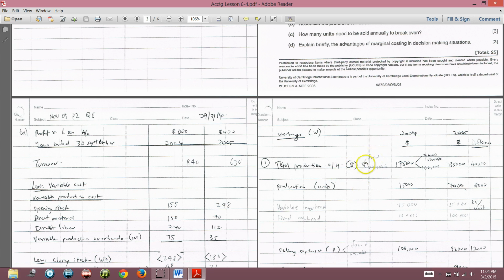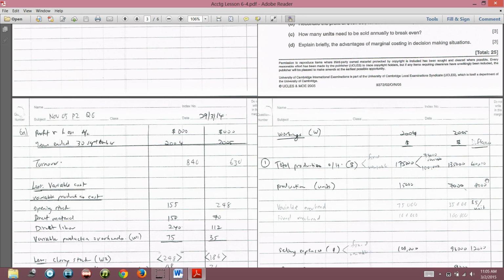Even if production is zero, the fixed production overhead is a fixed figure. So when production increases by 8,000, the variable production overhead increases by 40,000. 135 to 175 is an increase of 40,000.